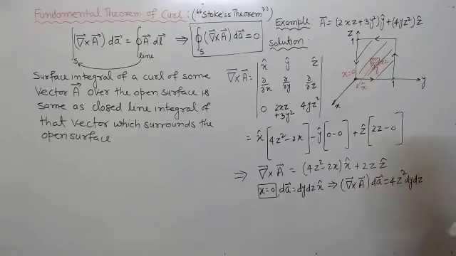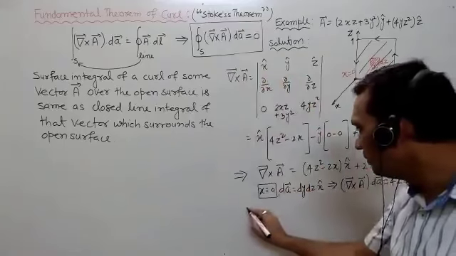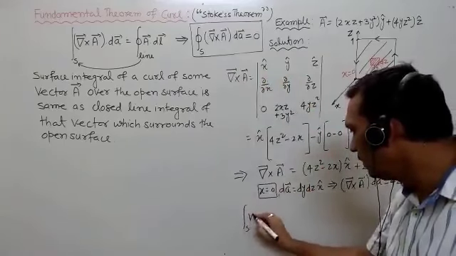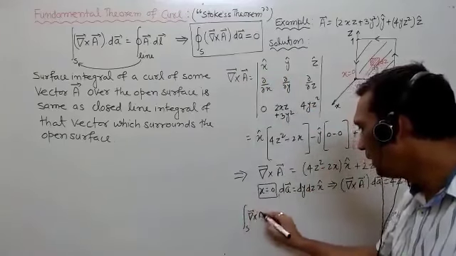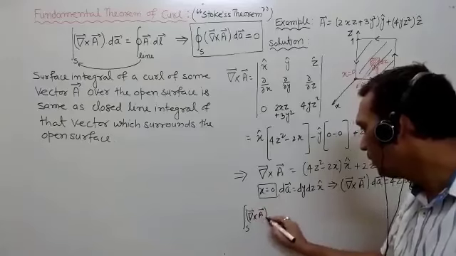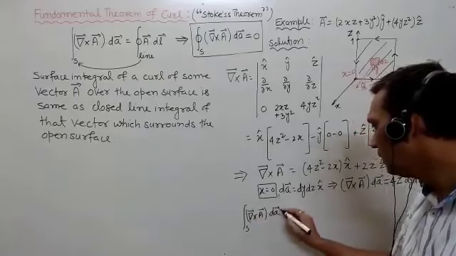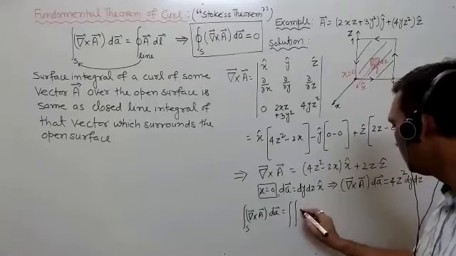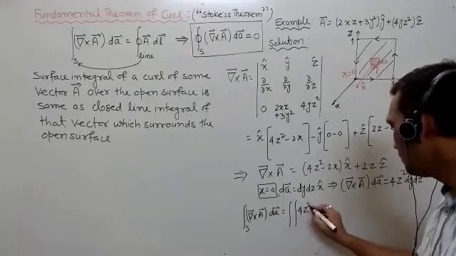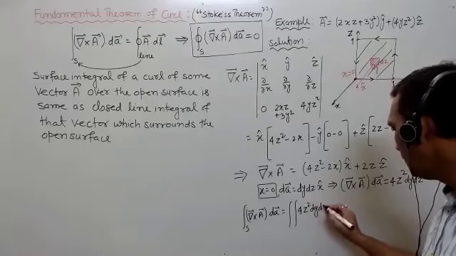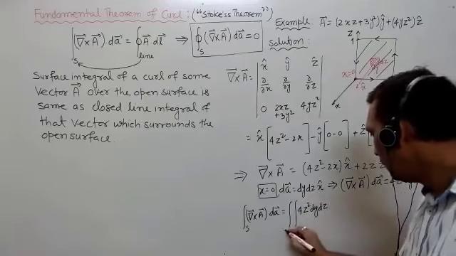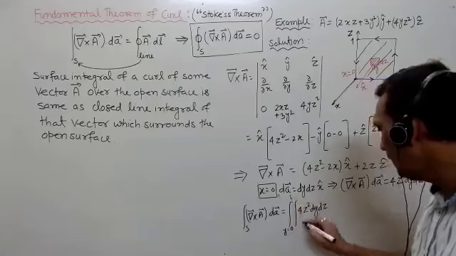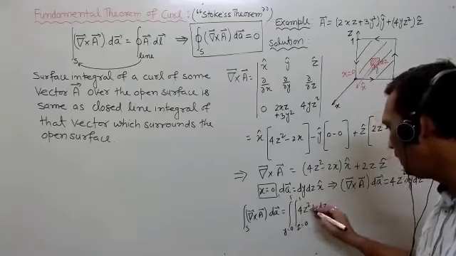4z square dy dz. Now you have to find the surface integral. So the surface integral of del cross A dot dA will be given by the double integral of 4z square dy dz, where y goes from 0 to 1 and z also goes from 0 to 1.